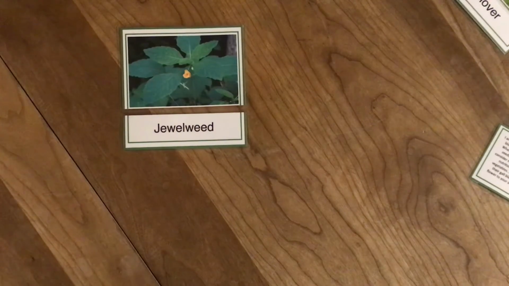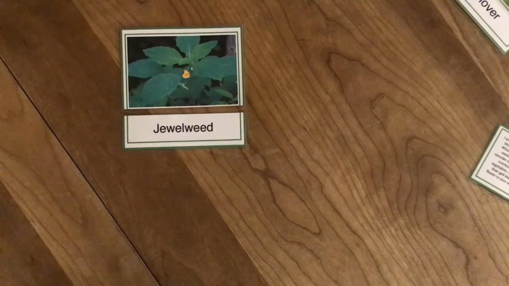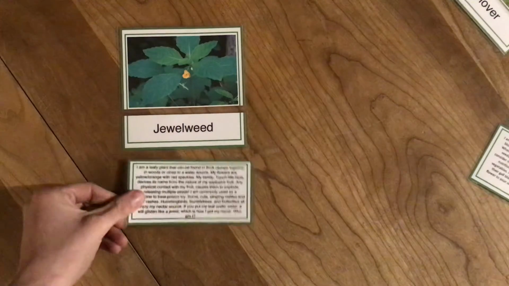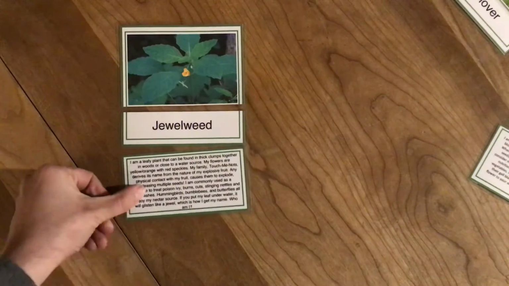Any physical contact with my fruit causes them to explode releasing multiple seeds. I am commonly used as a medicine to treat poison ivy, burns, cuts, stinging nettles, and other rashes. Hummingbirds, bumblebees, and butterflies all enjoy my nectar source. If you put my leaves under water, it will glisten like a jewel, which is how I get my name. Who am I? And we know that's jewelweed.